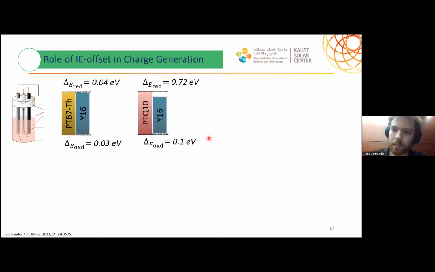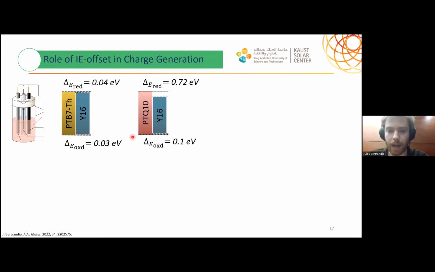But to make you feel a bit better how it is, you have two blends here. You have the PTB7TH Y16 and PTQ10 Y16. When we measured with CV, you see there is no offset. Even for the HOMO offset and LUMO offset, you don't see any offset.